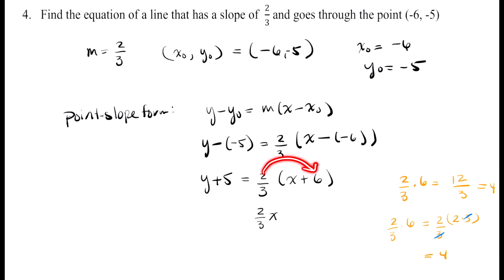So 2/3 times 6 is just 4. And on the left-hand side, nothing changed, so I'm going to write it down. And as always, I'm going to keep writing down my equal sign and just do your best to line them up. Now I can subtract 5 from both sides. 5 minus 5 is 0, and I have y equals 2/3 x plus, excuse me, not plus. Positive 4 minus 5 is minus, so negative 1.